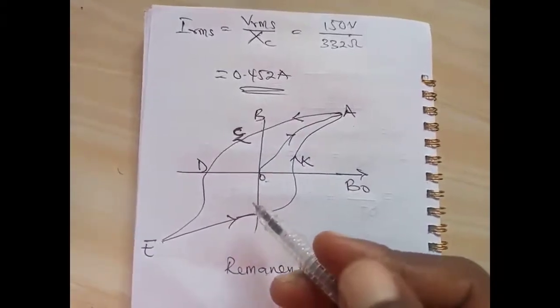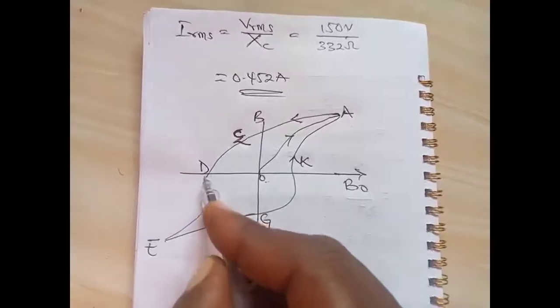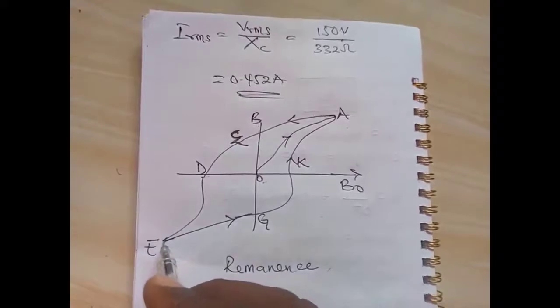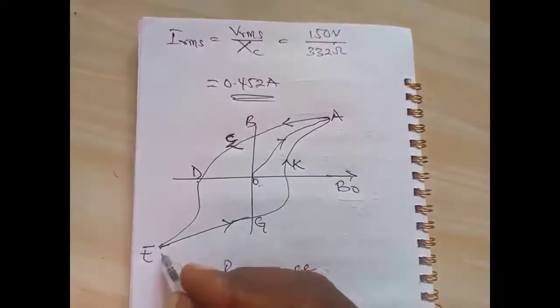The point D gives the coercive force needed to demagnetize the sample. And this E is the saturation point in the reverse.